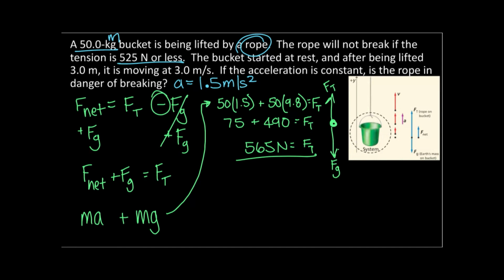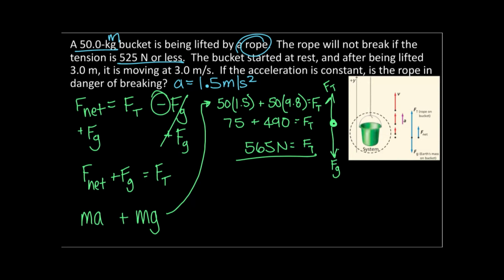Okay, well, let me walk you through it. It says the tension needs to be 525 newtons or less, or it will break. So that means if our tension was 500, it would not break. If our tension was 525, it would not break. If our tension was 2, it would not break.